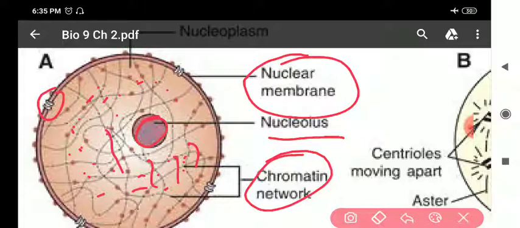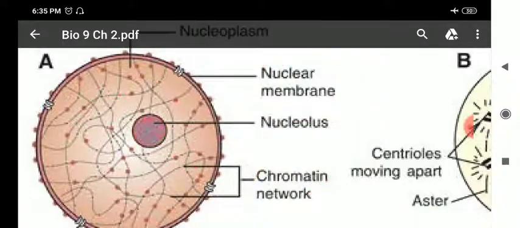And my dear students, the chromosomes usually carry the genes, or hereditary material. Let us understand it in detail now. Clear? So this is the structure of the nucleus.